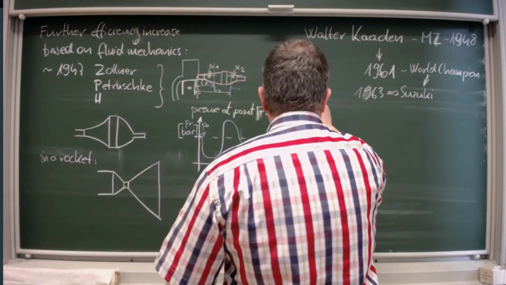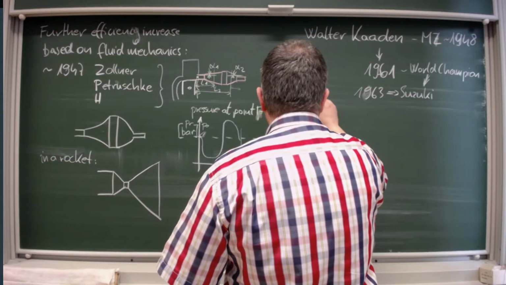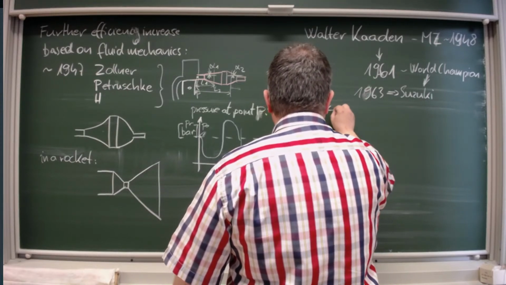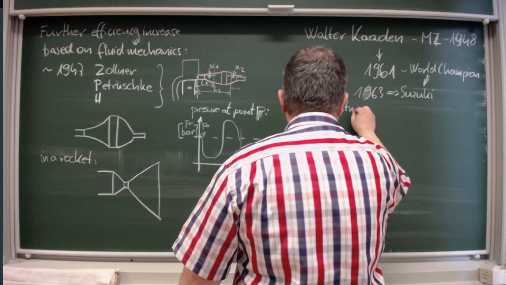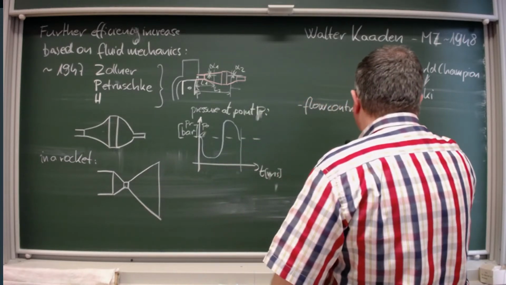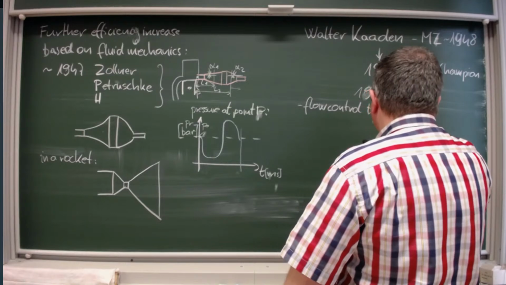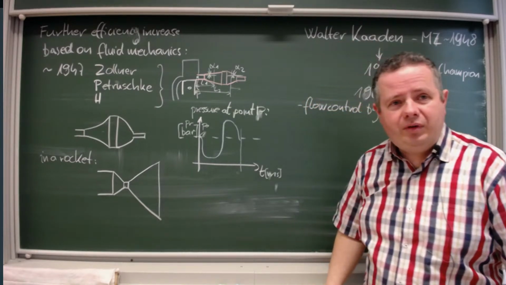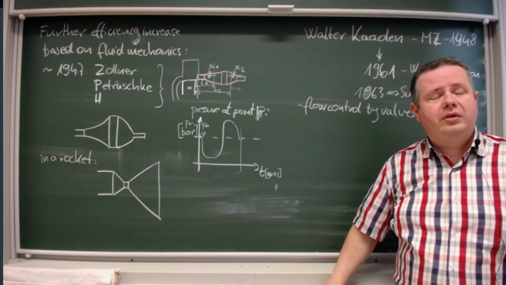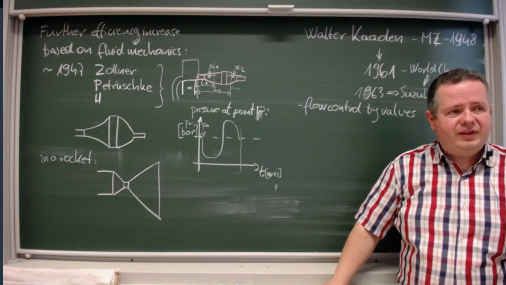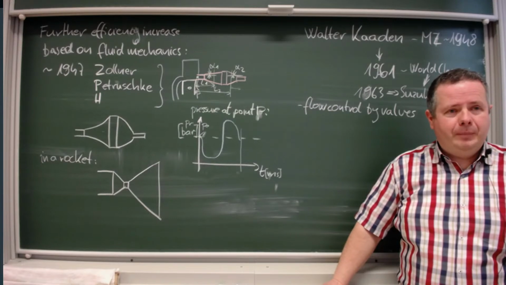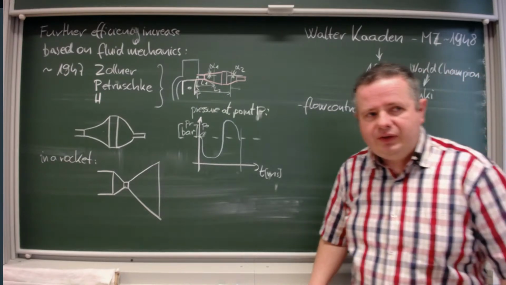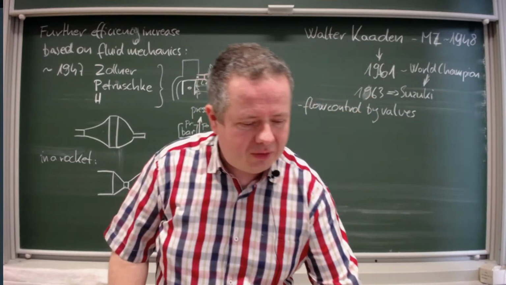And also there are different flow controls by valves. And it's a strange thing, because we like the two-stroke for having no valves and simple structure, but if we want to have a larger power band and better efficiency, sometimes we use valves.